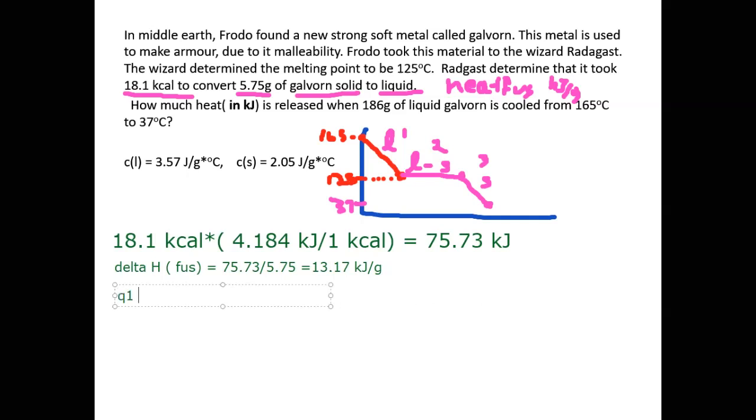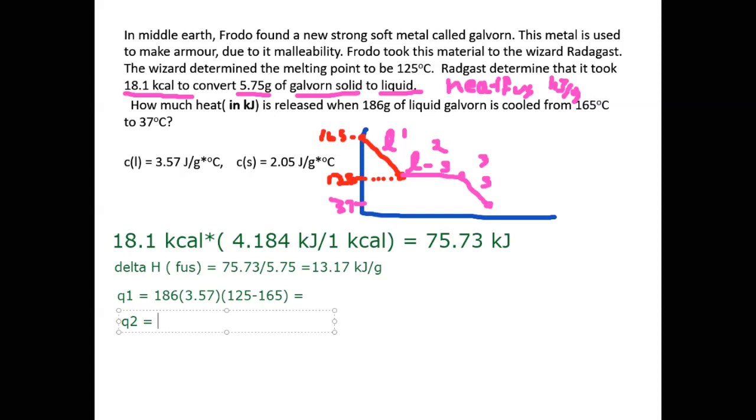So Q1 is the mass of Galvorn, which is 186, times its specific heat in the liquid state, times the temperature change in the liquid state. So that's 125 minus 165. Now Q2, we're at the phase change.